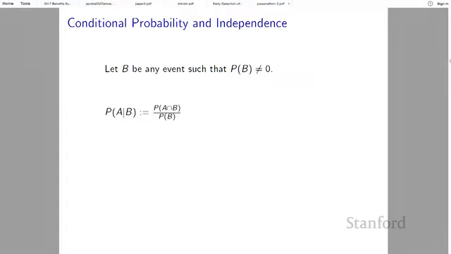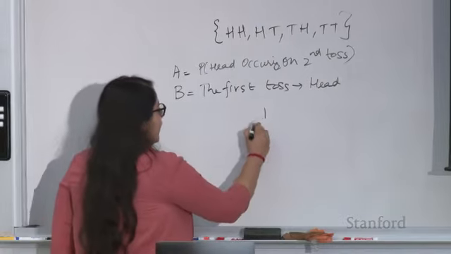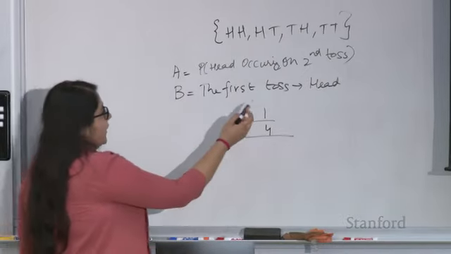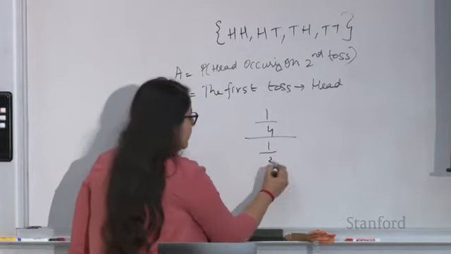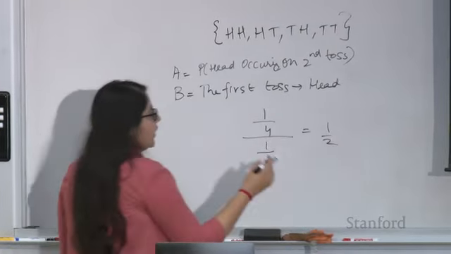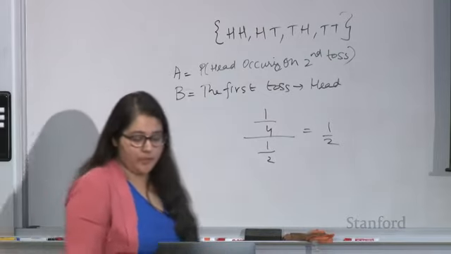What will be the probability that both of them are heads? 1 by 4, right? And the probability of B, that the first toss is a head, is 1 by 2, right? So we get the probability will be 1 by 2. So we can go either way in this approach.